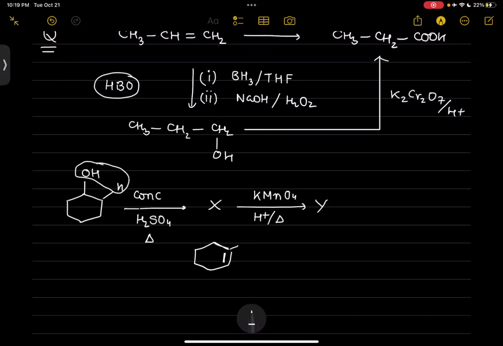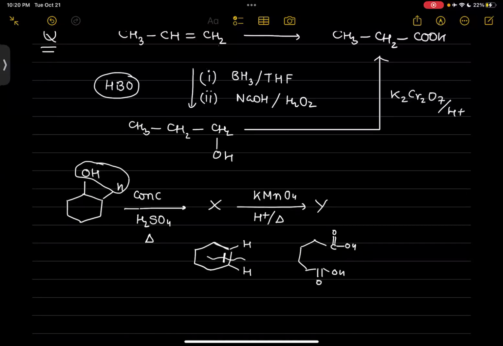Both the carbon atoms, you can think of it in this way: first the double bond breaks and you get double bond O, double bond O, just like ozonolysis. But you have aldehydes, and because you have aldehydes, you are going to oxidize them to carboxylic acid. Is it clear or not? Yes, sir.